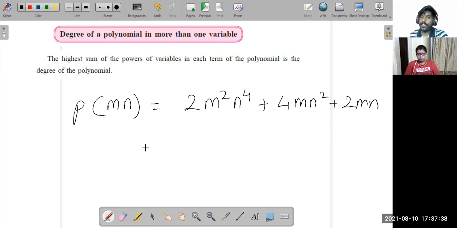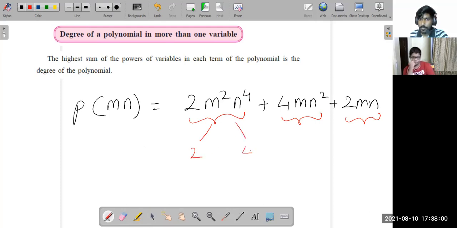Now, how do you find the degree of this polynomial? To find the degree, you look at the power of both the variables in each term. This is one term, this is a second, and this is a third term. In this term, m has power 2, n has power 4.